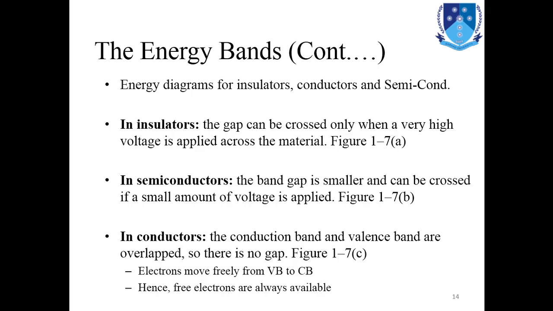This is shown in figure 1.7 part C. Here in conductors, the electrons move freely from the valence band to the conduction band. Hence, free electrons are always available in conductors.